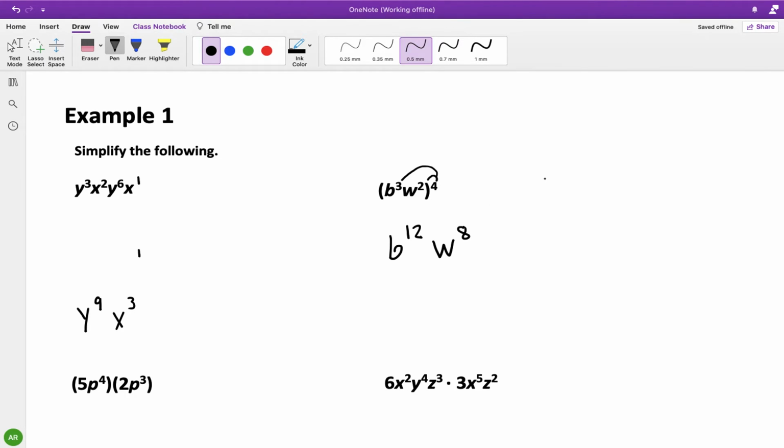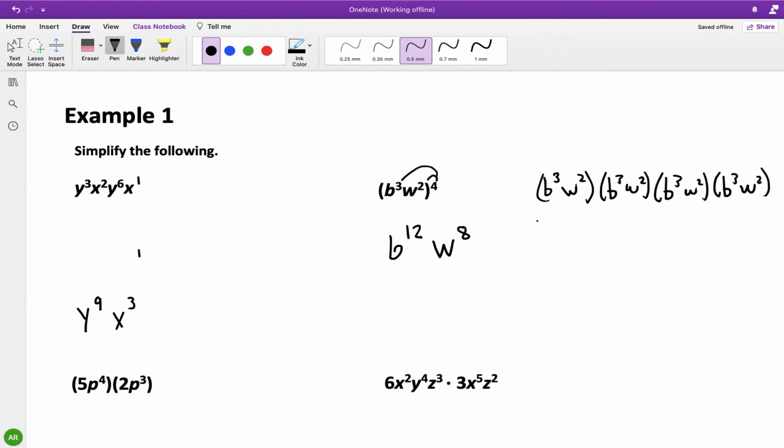So what we really have is b cubed w squared times b cubed w squared times b cubed w squared times b cubed w squared. Now this is the only time I'm going to do this, so I'll probably do this in class as well.